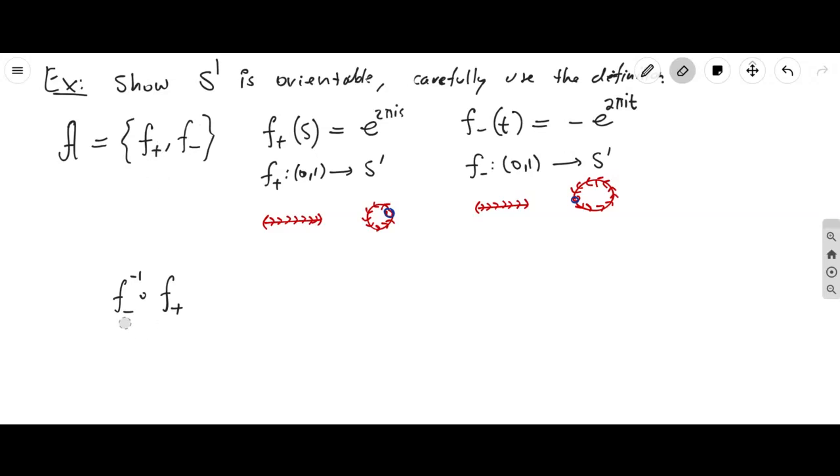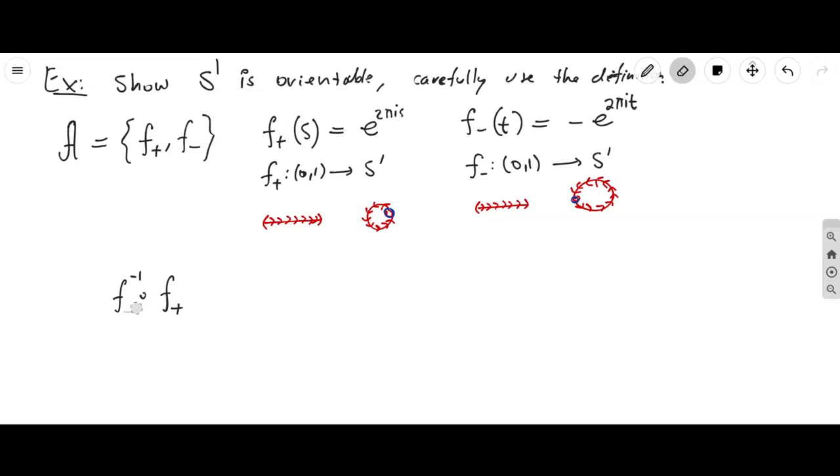But the interesting thing is that if this is orientation preserving, then there's no need to check it the other way around, because that's basically like the role of the inverse matrix, right? If a matrix is orientation preserving, its inverse is also orientation preserving because its determinant is just 1 over the previous one, which is still a positive number. So it's enough to just check that this is orientation preserving.